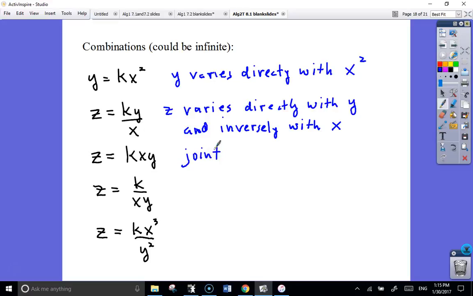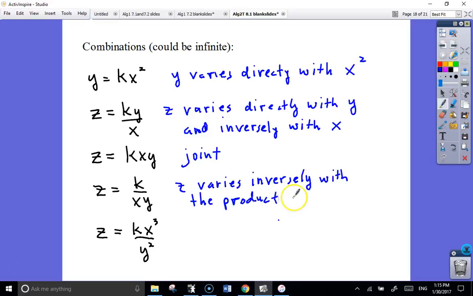The next one, because the x and the y are in the denominator, you're going to have to say varies inversely with the product. We don't have a way to use the joint word with that. So we're going to say z varies inversely with the product xy.